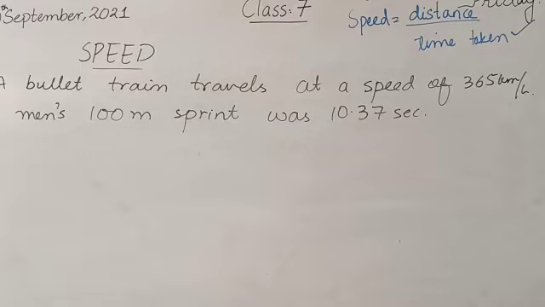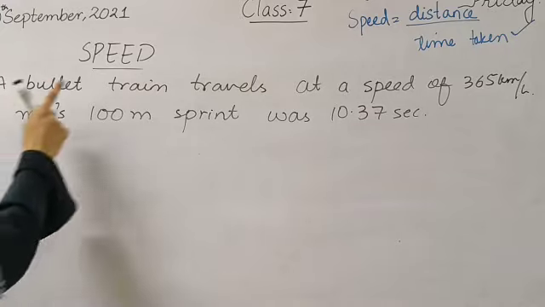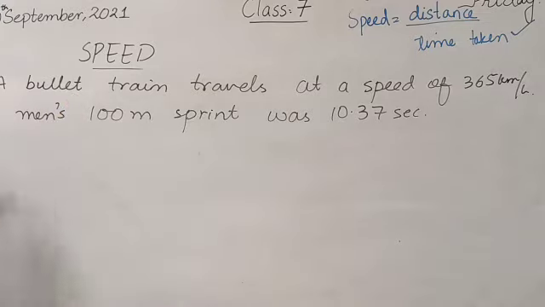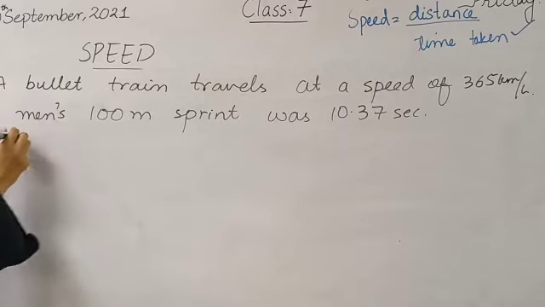How many times is a bullet train as fast as the fastest Singaporean sprinter? Speed of bullet train was given, but the speed of Singaporean sprinter was missing. So first of all, we will find out the speed of this Singaporean sprinter.